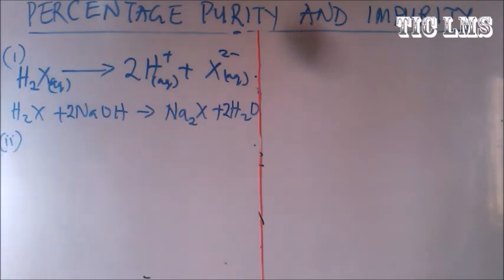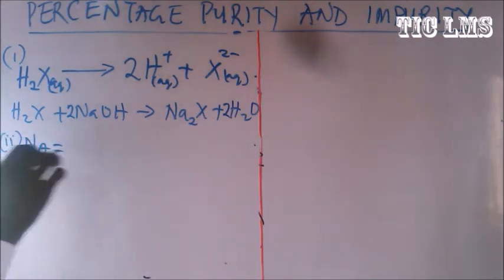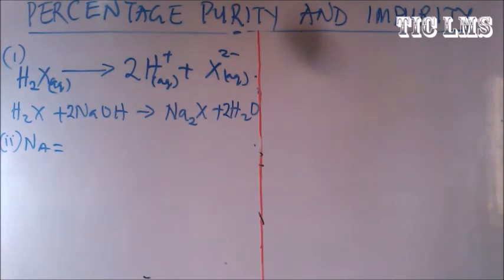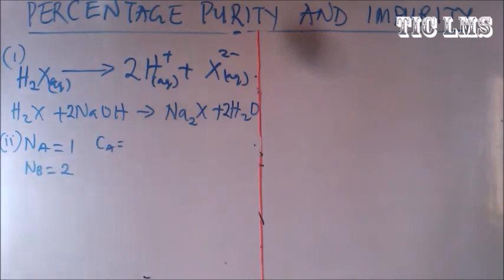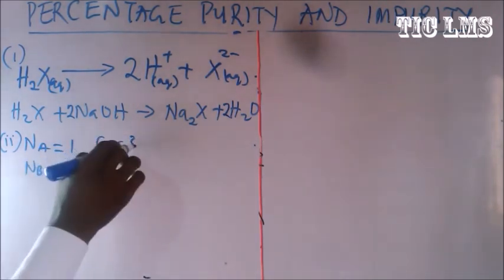The second part of the question says that we should calculate the concentration of the acid in mole per dm cubed. And so let's state our parameters. Number of mole of acid that we have in this question, we have 1. Number of moles of base, we have 2. Concentration of acid that we have in this question is unknown. That's what we are looking for.